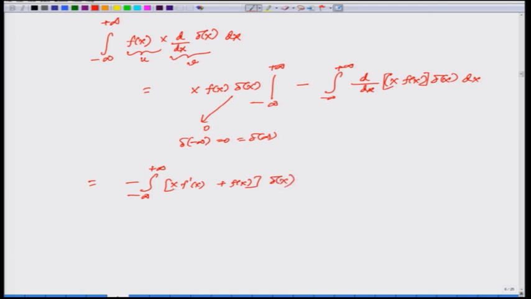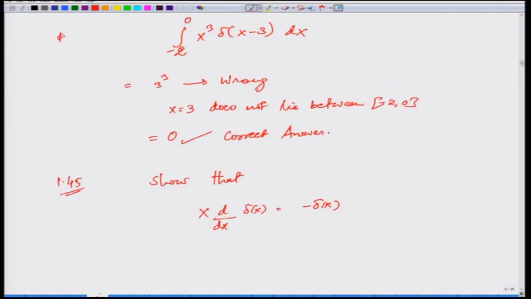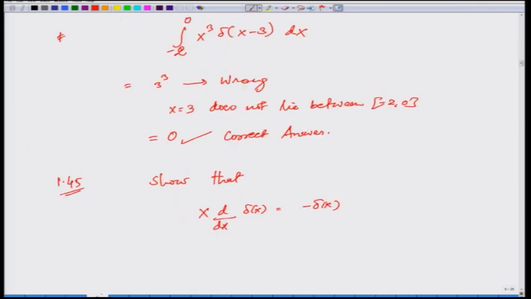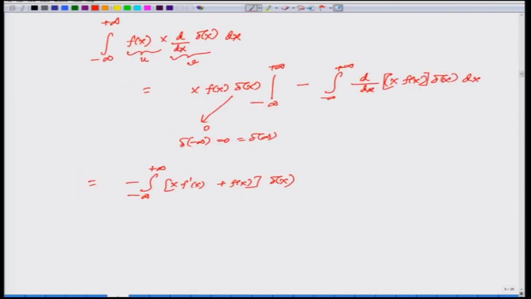And from property 2, you know x delta x equals 0, whatever the function is. So this will give me 0 and I will be left with minus the integral from minus infinity to plus infinity of f x delta x, which proves our result. We got the same function with a negative sign. Yes, exactly the same.